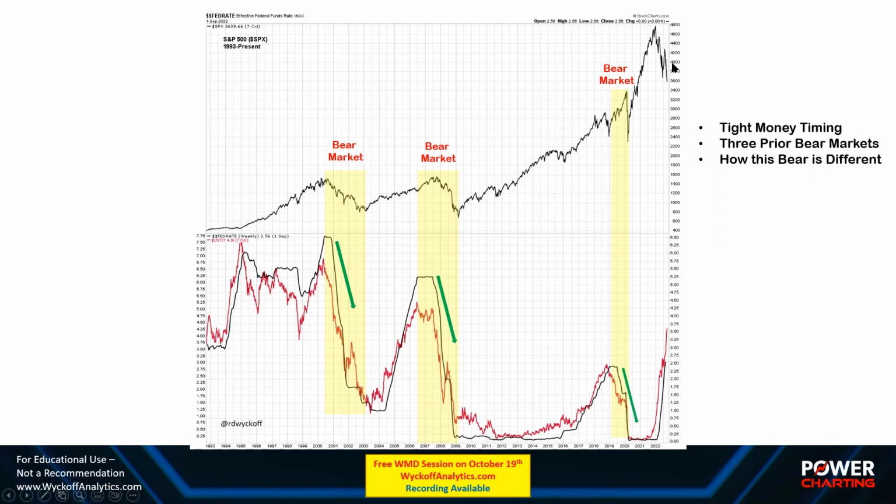And now you can see that we have a bear market underway, but unlike in the past, a bear market that's accompanied by the Fed continuing to tighten, largely because of inflation pressures. So anyway, this is a different kind of bear market than the prior three that we saw, especially from the relationship of the Fed. I want you to keep that in mind because this is the environment that we are operating in the stock market at this time and likely into the future.